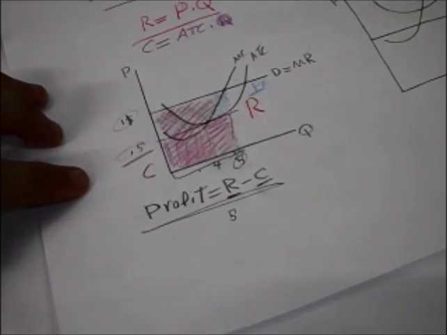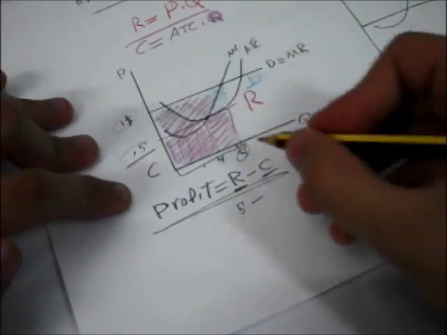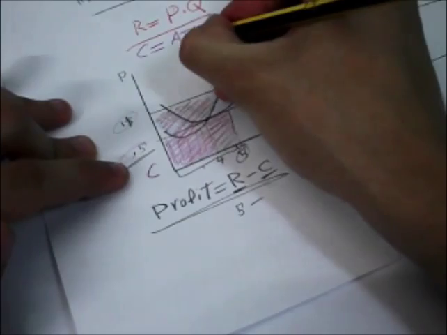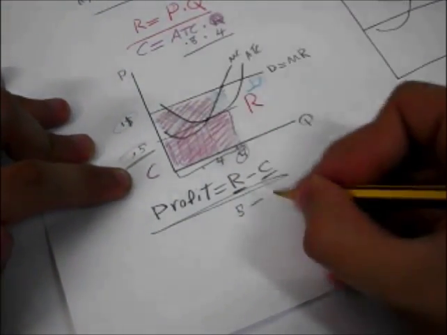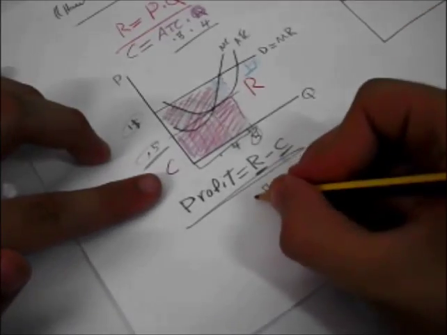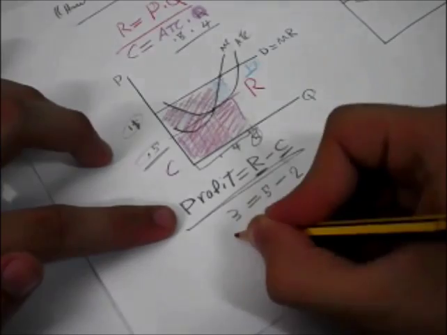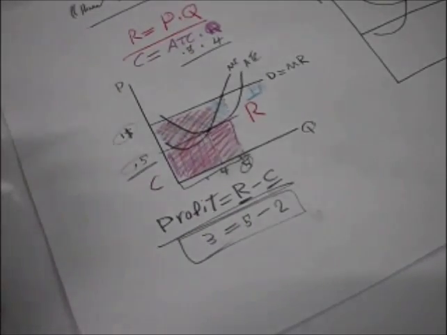This is the profit, because we have the average total cost of 0.5 times the quantity of 4, so it's 2. So the profit equals 5 minus 2, which is 3, and here is the profit the firm is making.